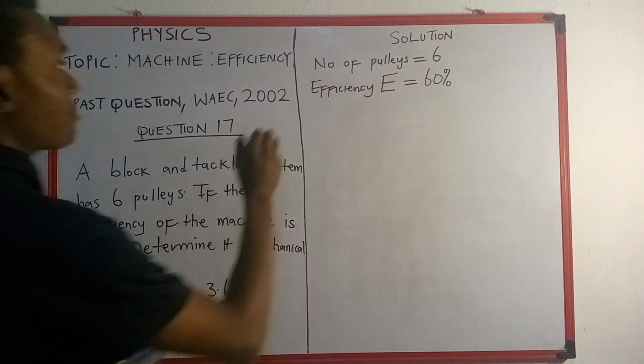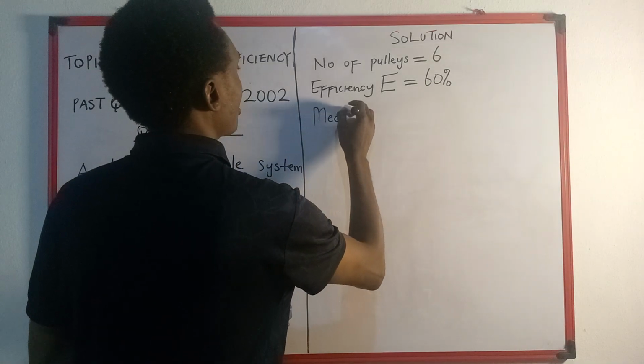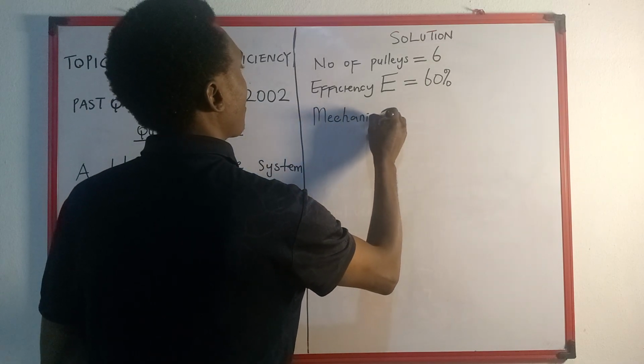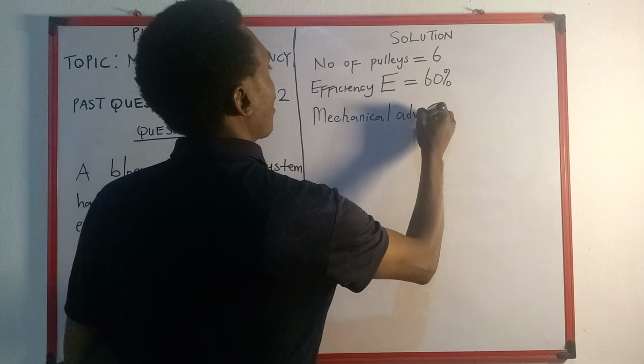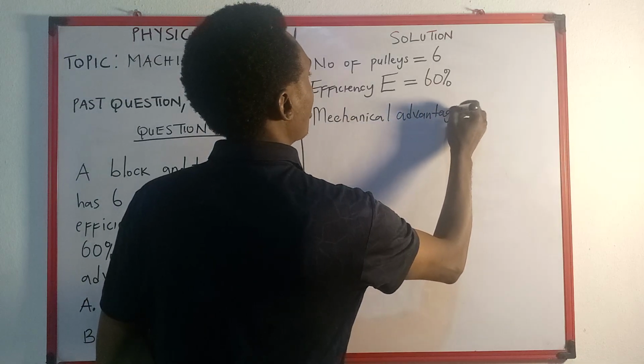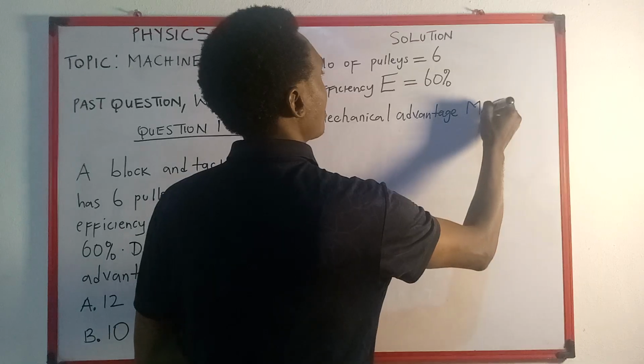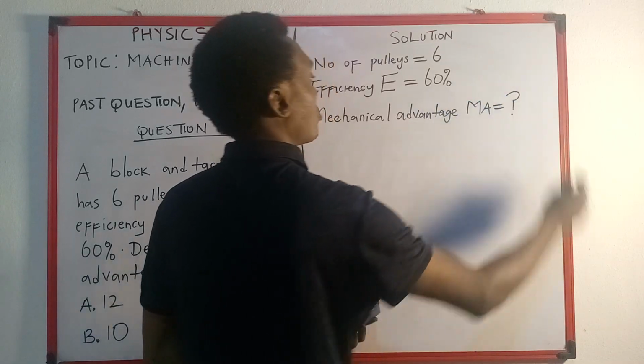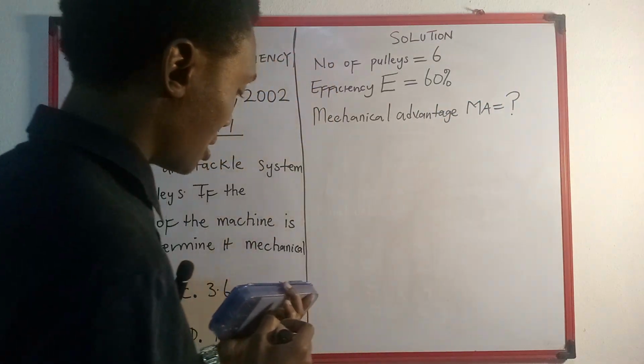Determine its mechanical advantage. So mechanical advantage, we're going to use MA to represent it, question mark. So these are the things that are given.